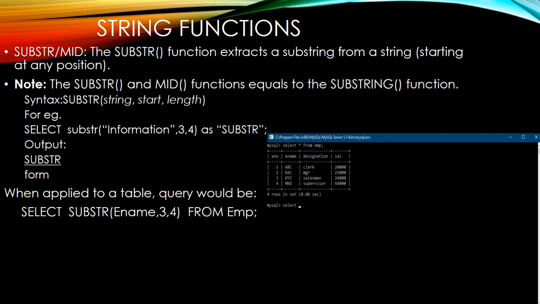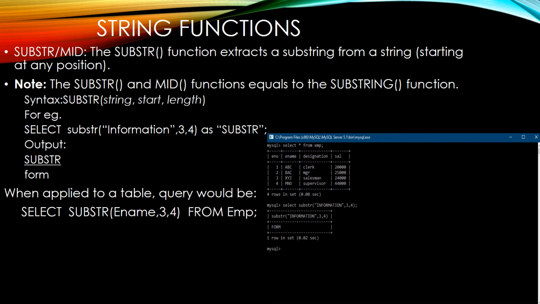Like in our case, I am passing a string information, and from that information string I want to extract 4 characters from the third position. So first I will pass the string information, then I will pass the position, and how many characters you want to extract. I want to extract 4 characters, so I am passing 4. Then after putting the semicolon, press the enter.